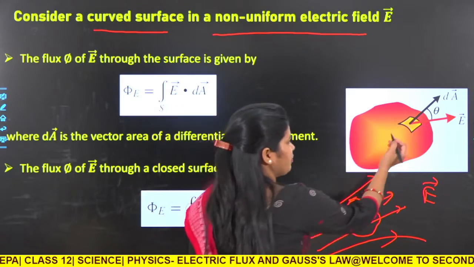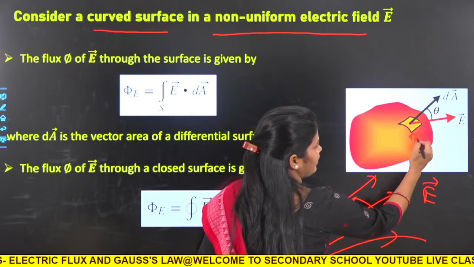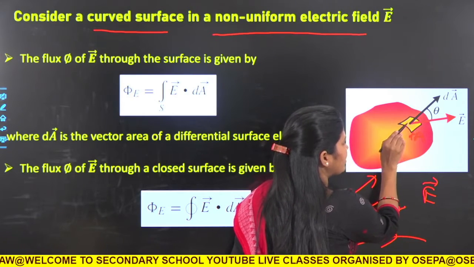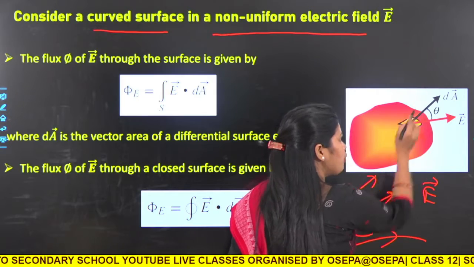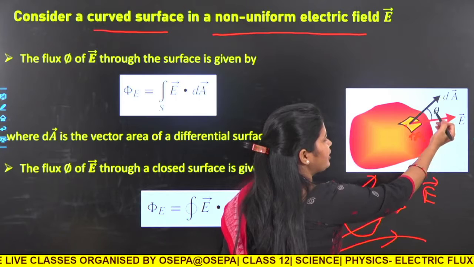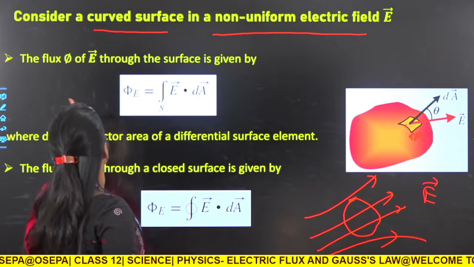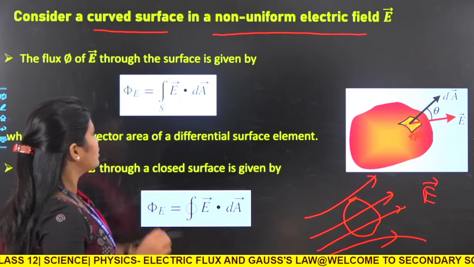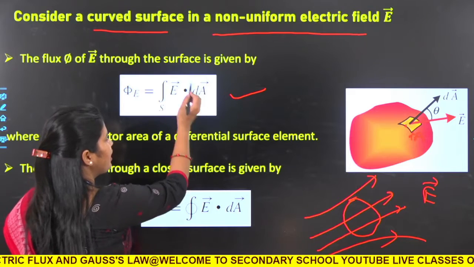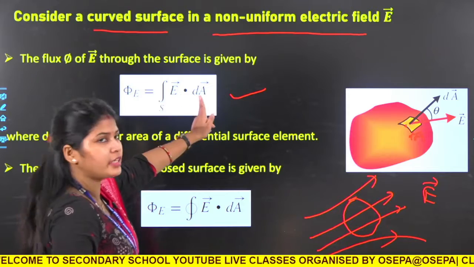Consider an area element dA. The area vector dA is the outward normal. The angle between the E vector and the area vector is theta. So the flux of E through the surface is given by phi equal to the surface integral of E dot dA.